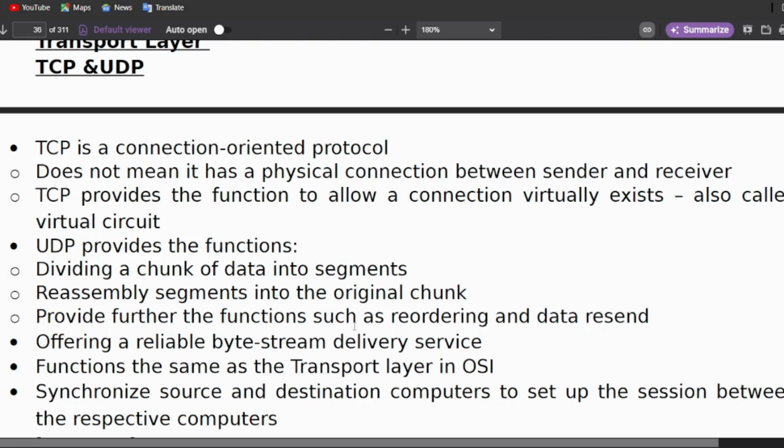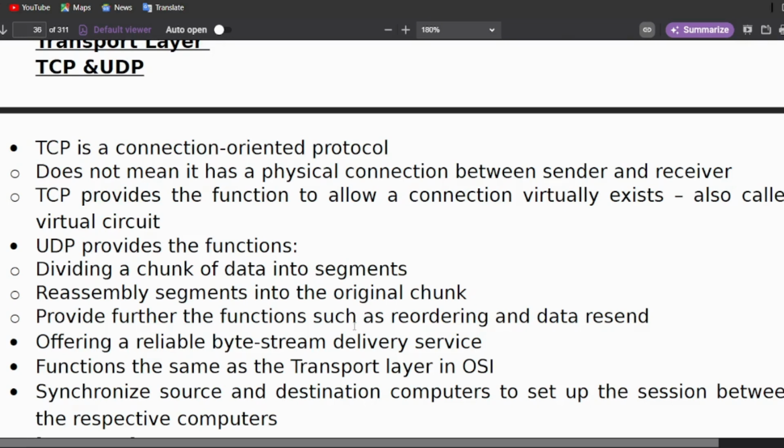It divides a chunk of data into segments, reassembles the segments into the original chunk, and provides further functions such as reordering and data resending, offering a reliable byte stream delivery service. So the functions are the same as the transport layer in OSI, but here we have the byte stream delivery service.